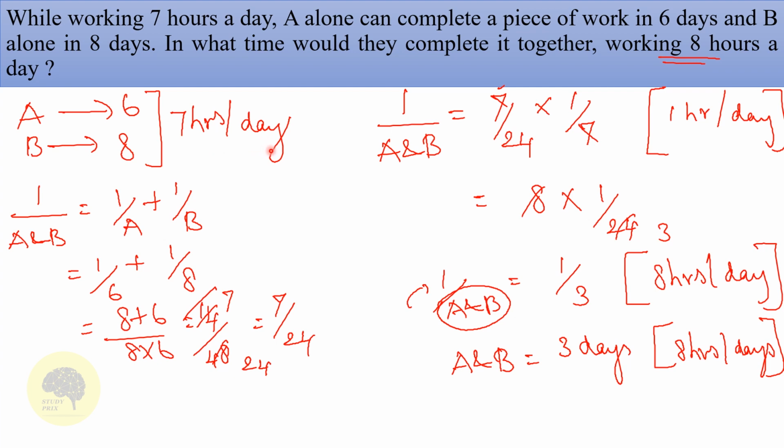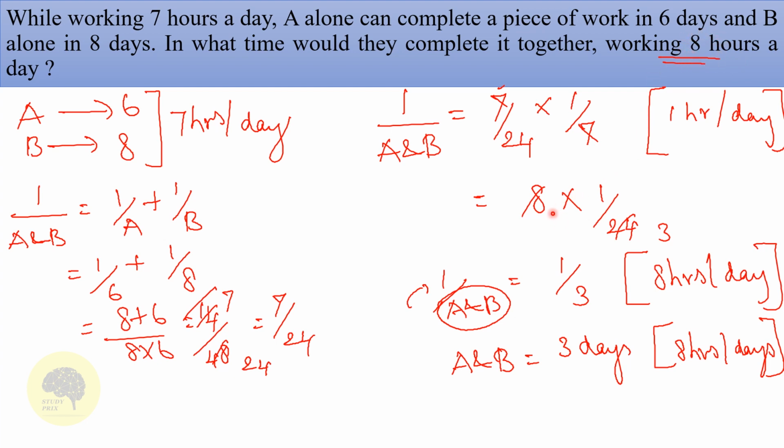And we have to convert it into work done by A and B together in 1 day working 1 hour a day. For this we have to divide it with 1 by 7. And we get 1 by 24 is the work done by A and B together working 1 hour a day. And in the question we have to find out the work done by A and B together working 8 hours a day.